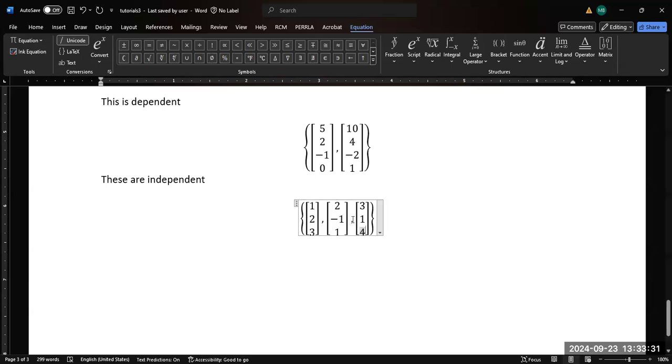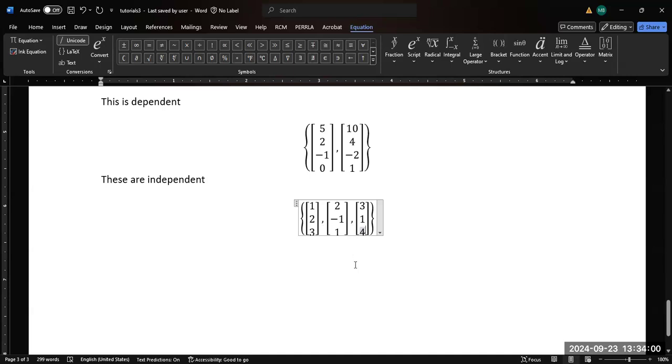Now, this first vector and this third vector are not scalar multiples of each other, and the second vector and the third vector are not scalar multiples of each other, but this third vector is the sum of the first and the second vectors. So these are dependent, even though none of these vectors are scalar multiples. The third vector is a linear combination of the first 2 vectors.